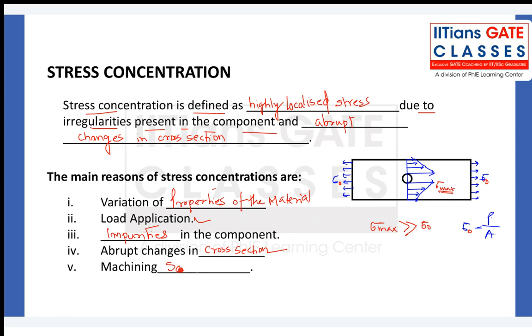Whatever machining it might be, grinding, turning, facing, any operation on a lathe, or any drilling, milling, there is a possibility of stresses. So because of the stresses, there is a high chance that we have stress concentration.